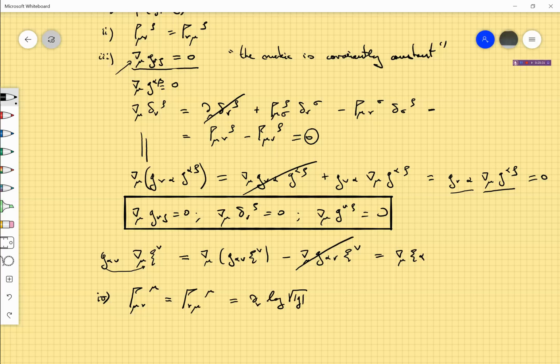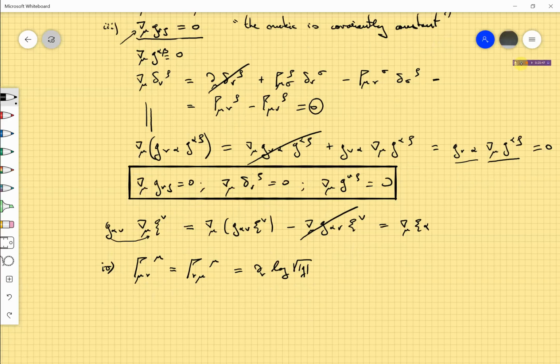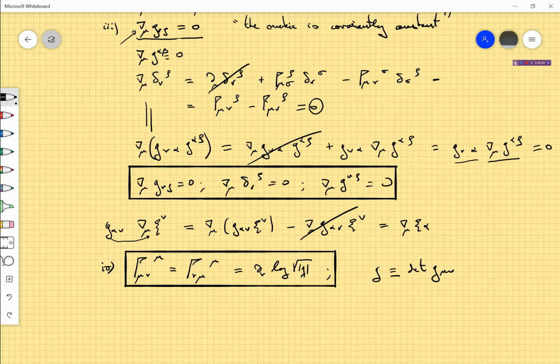In my conventions this determinant will be negative, and this is equivalent to writing minus g, but I prefer this absolute value. Here g is the determinant of g mu nu. Maybe I didn't define it before. So let's prove this property.